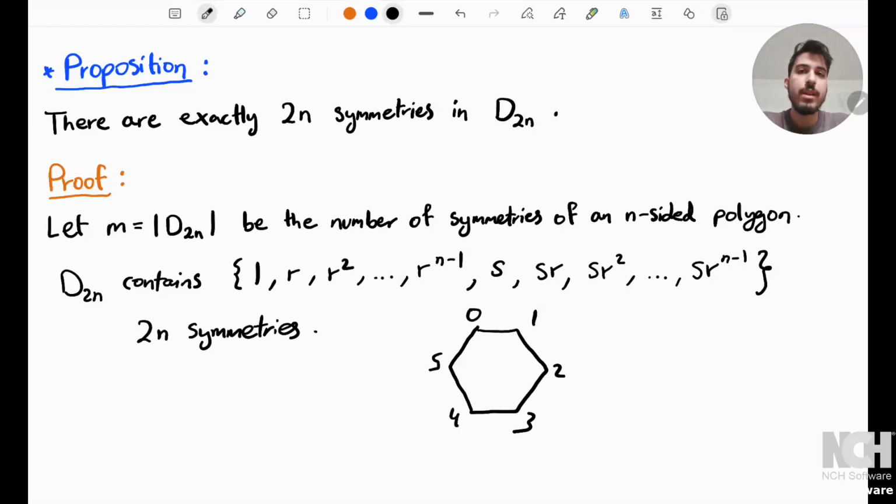that shuffles the numbers in a way which plays with the rigidity of the polygon. So for example, if I rotate it, that's fine because I have not played around with any of the sides.